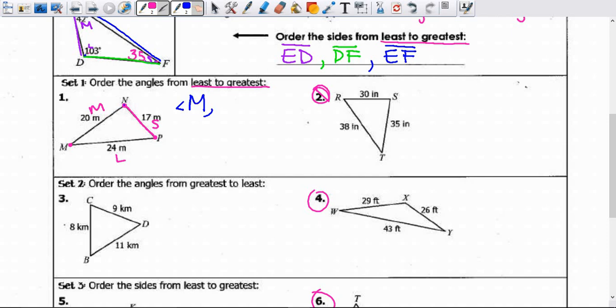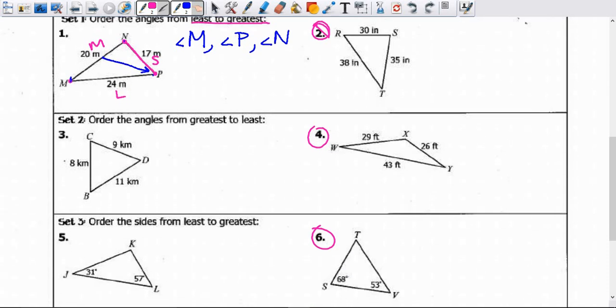Now my medium was MN, the letter not used was P, so that's my medium. And it's also the one that's across from it. So lastly, my large side is MP. So the letter I have not used now is angle N. Okay? You can use that trick based off just the letters, so you don't necessarily have to go off of a picture. We'll do it again with these other examples.